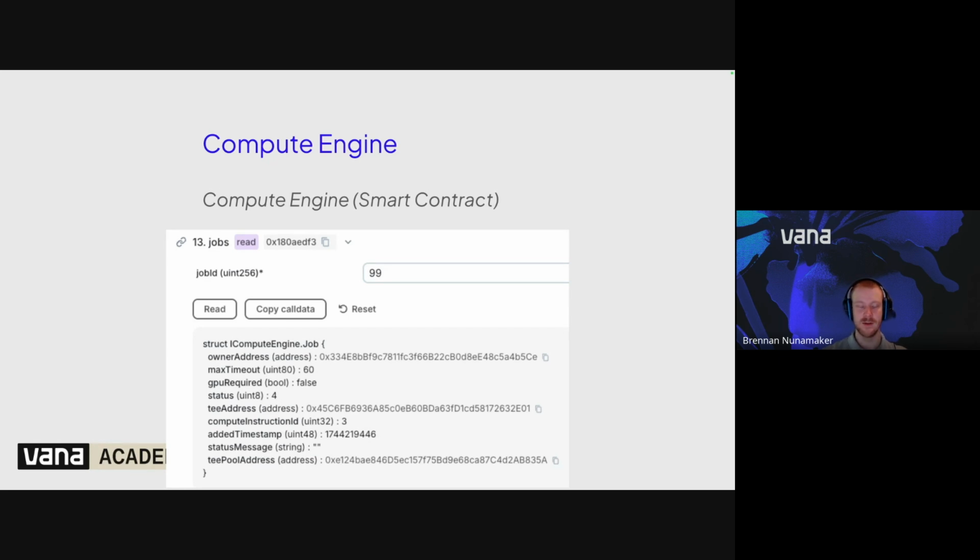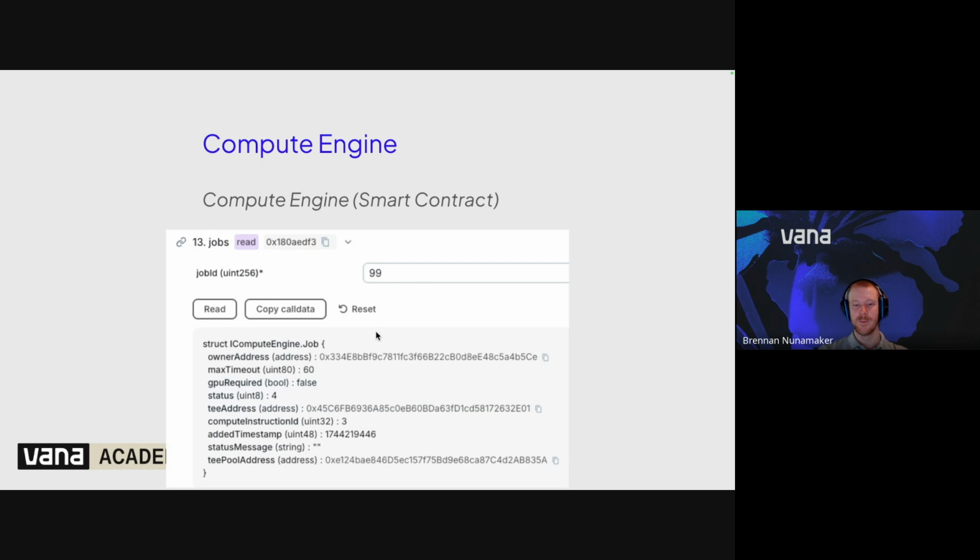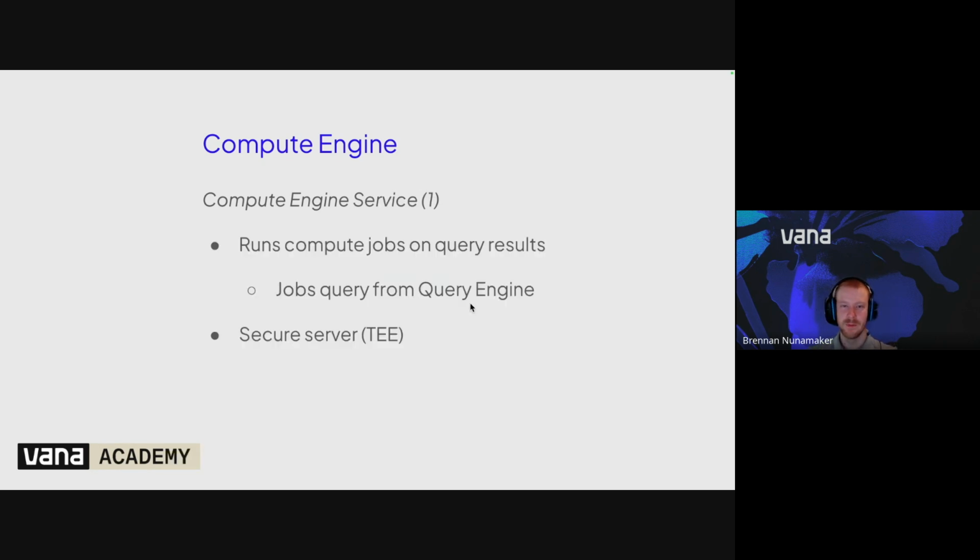One thing to note here is that once a compute job that has run has some kind of finalized status, like failed, it's not possible to resubmit the same compute job. Instead, you would need to go back and submit a new job with the same instruction ID, get a new job ID, and then you can run it again. But this is less relevant for you.